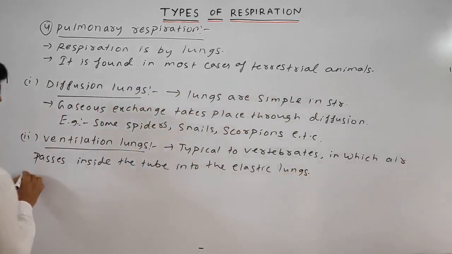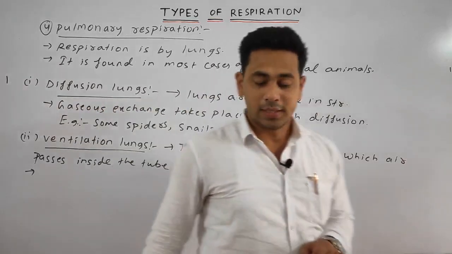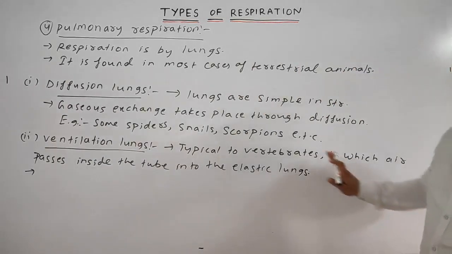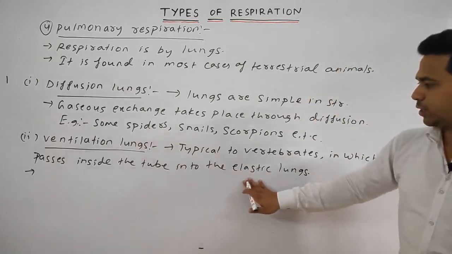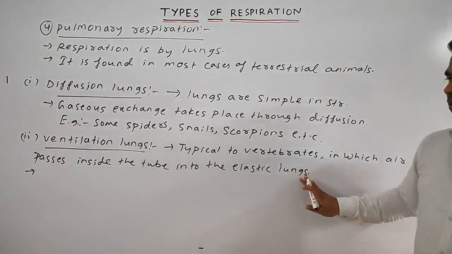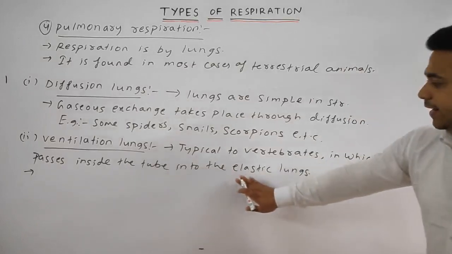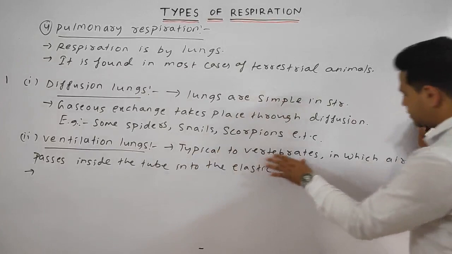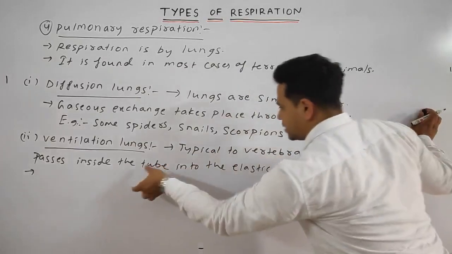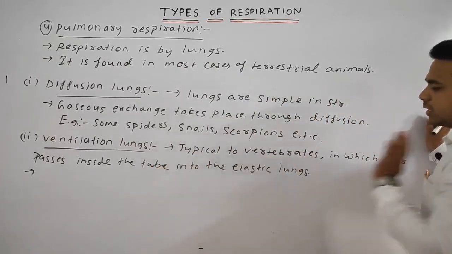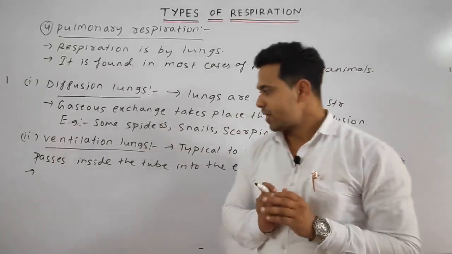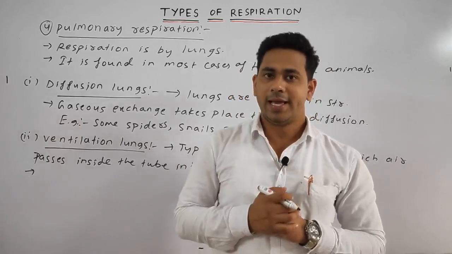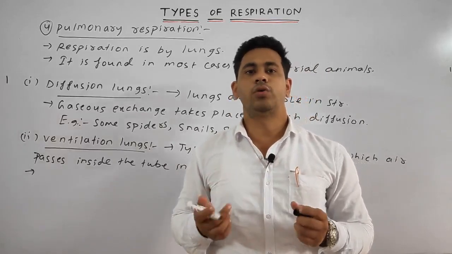Okay, what I have written, these are typical to vertebrates in which the air passes inside the tube into the elastic lungs. See students, ventilation lungs are found in vertebrates, in which the air passes inside the tube into the elastic lungs. And the lungs are located inside the thoracic cavity or thoracic chamber.